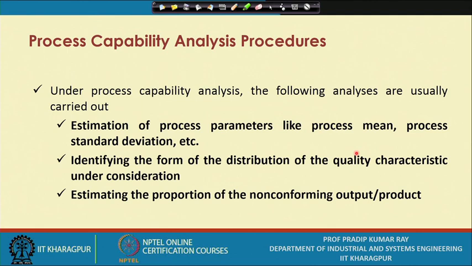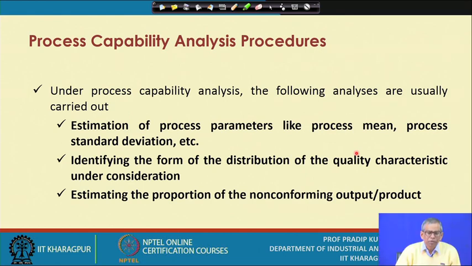So the next important aspect we look into is to identify the form of the distribution. And looking at the form of the distribution, you may hypothesize what could be the type of distribution for the given quality characteristics, whether it may be in the standard form, like normal, exponential, Poisson, etc., or it could be in the empirical form also.